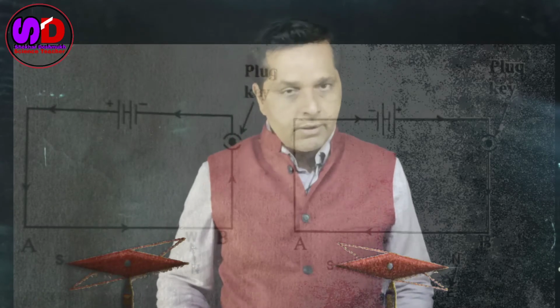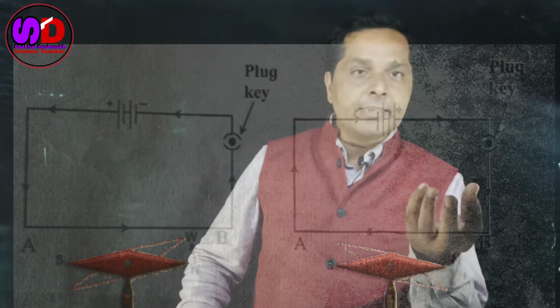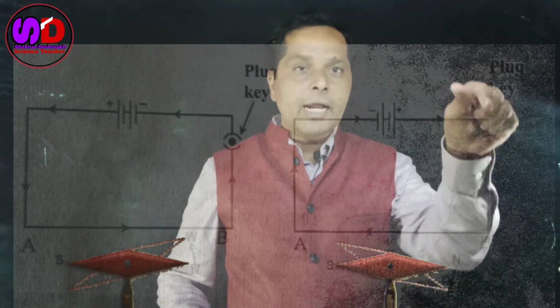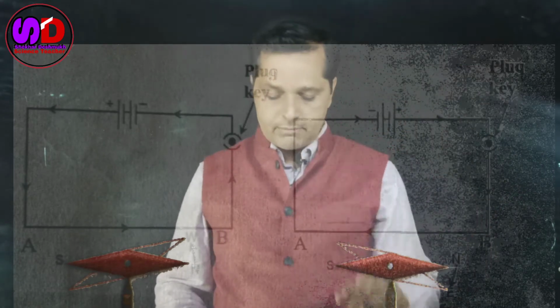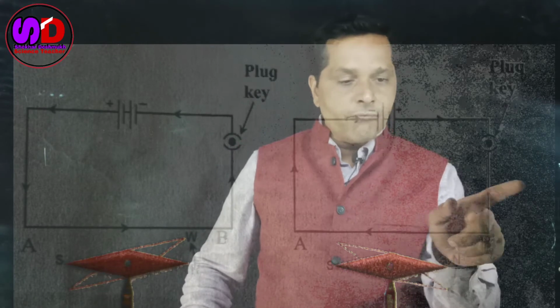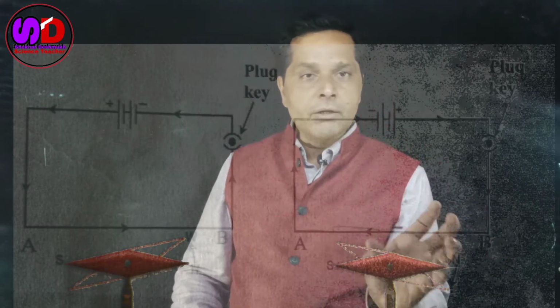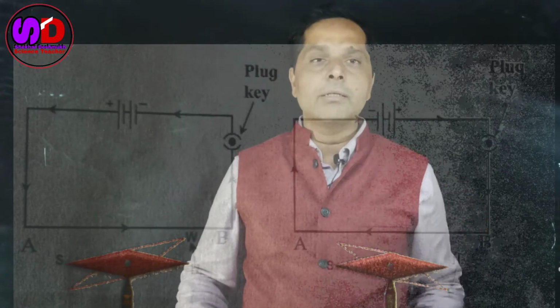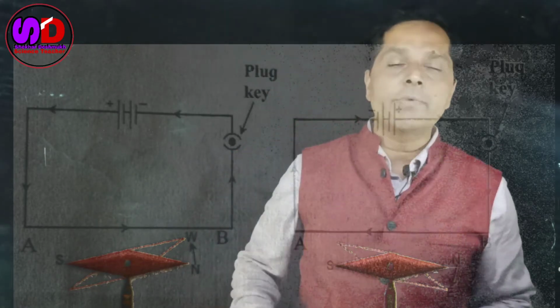You can see the circuit diagrams here. A magnetic needle is placed and a conducting wire is there. Whenever the current flows through the conductor, we can see the deflection in the magnetic needle. Notice the direction of the deflection.